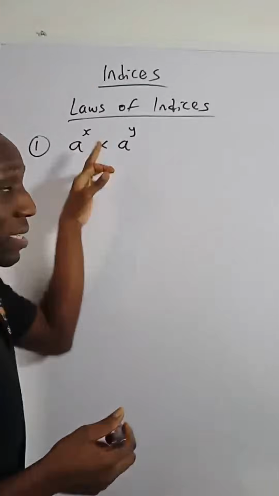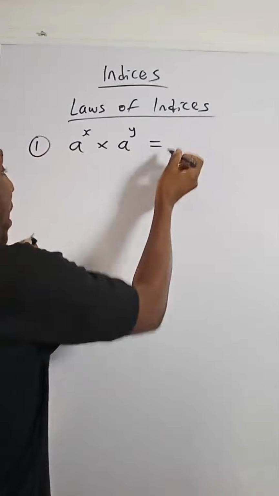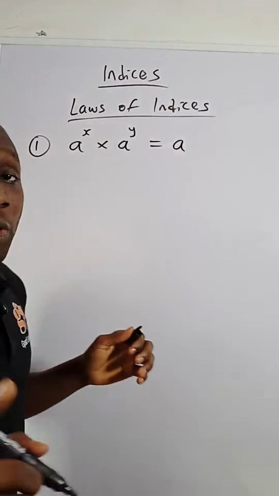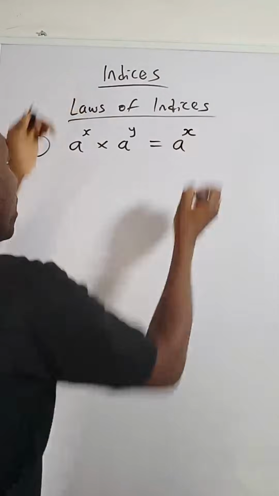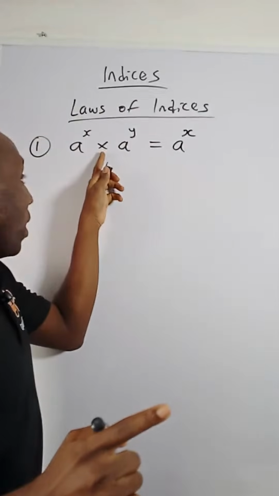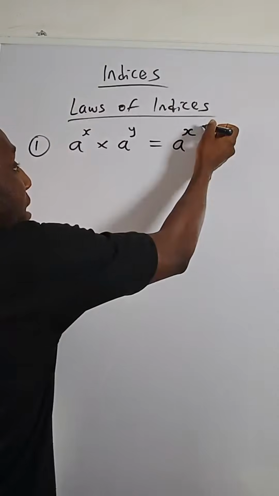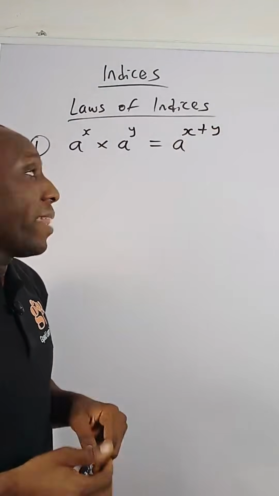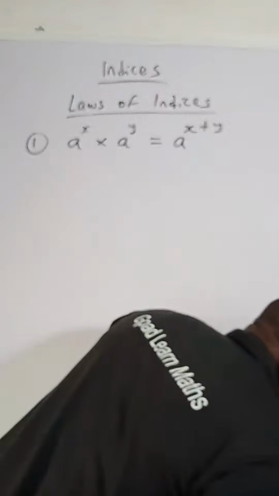Because of this times here, you can apply the multiplication law and say this is equal to a raised to the power of x plus y. If there's a times, you add the exponents. So you have a raised to the power x plus y.